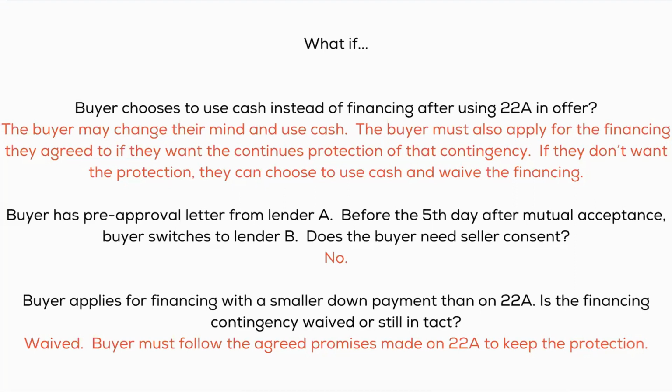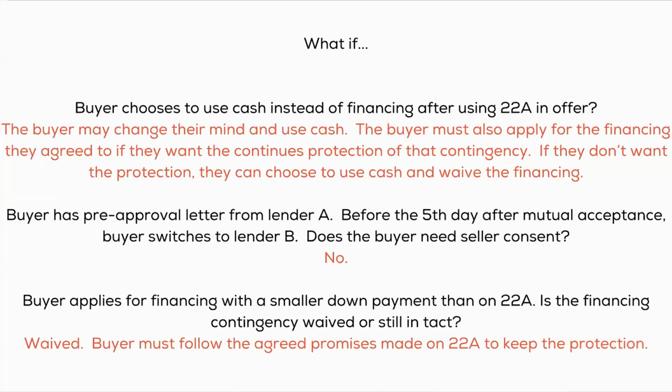If a buyer has a pre-approval letter from lender A and then switches before the 5th day of mutual acceptance to lender B, does the seller need consent? No. A buyer can switch lenders within those first 5 days with no consequence.